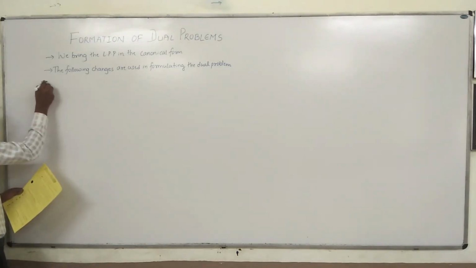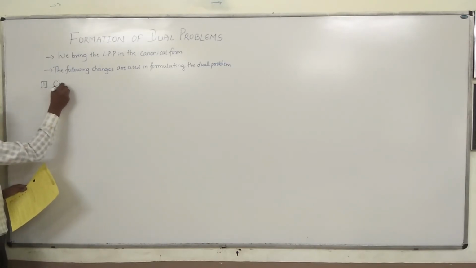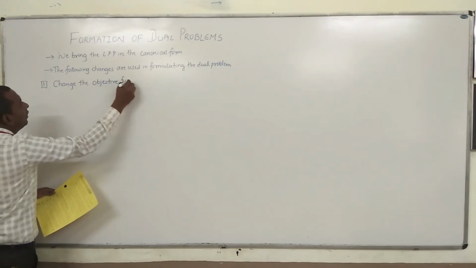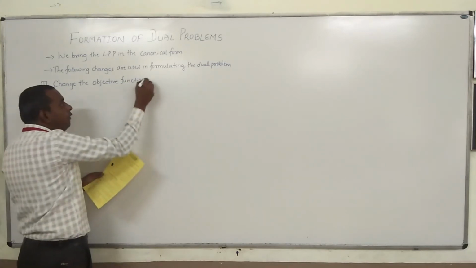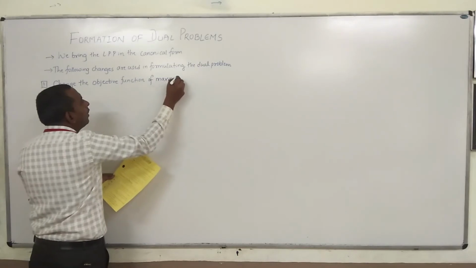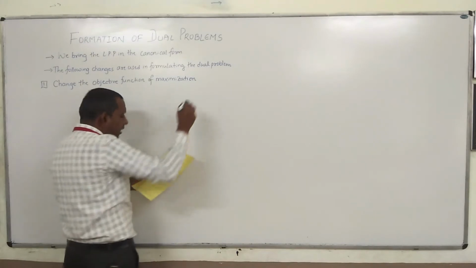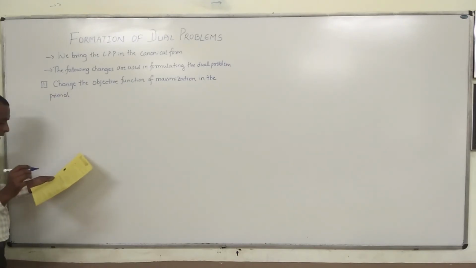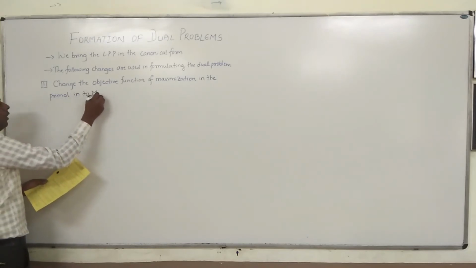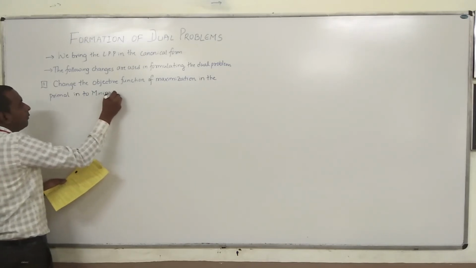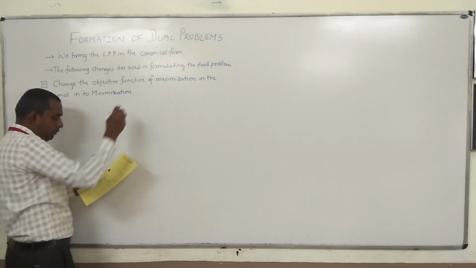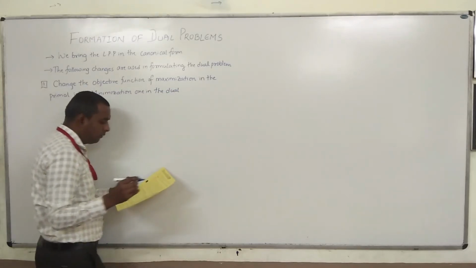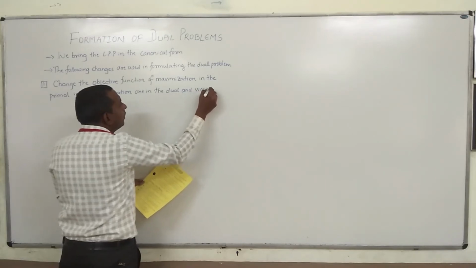The first one is to change the objective function of maximization in the primal into minimization in the dual, and vice versa.